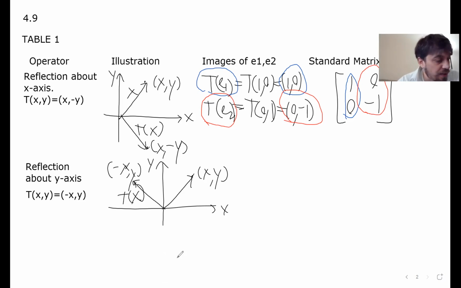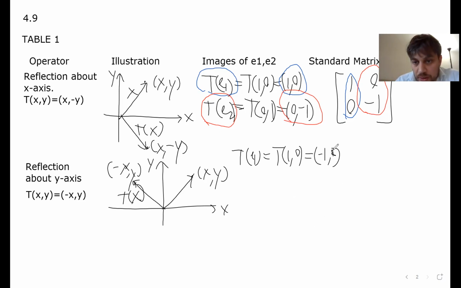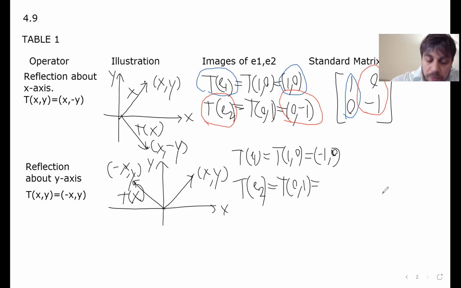Okay, and so the images of E1 and E2 are, well, if you take T of E1, it's equal to T of 1 comma 0, which is negative 1 comma 0. And then T of E2 is equal to T of 0 comma 1, which stays the same, 0 comma 1, when you reflect it about the y-axis.